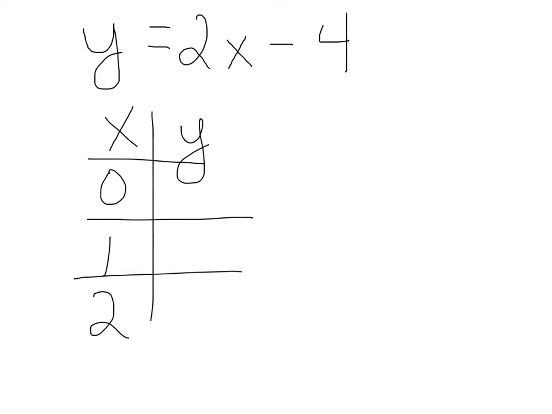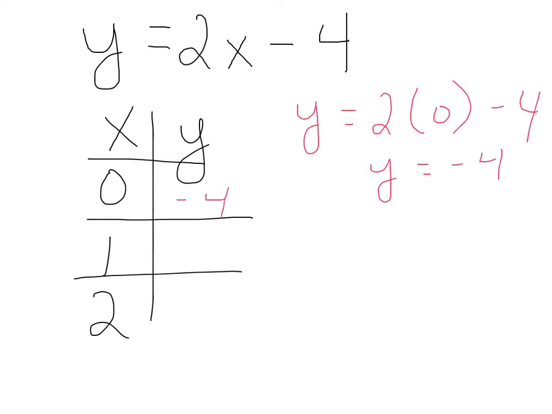As soon as I pick 0 for x, I need to take my equation and plug in 0 for my x. So now it's 2 times 0 minus 4, and it doesn't take much math for me to recognize that's just y equals negative 4. So when x is 0, y is negative 4.